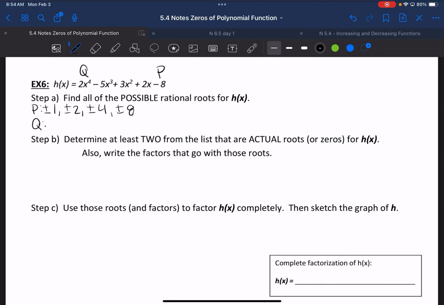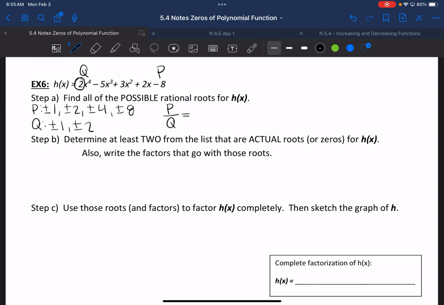So looking at my term Q, it's the coefficient 2. What are the only things that multiply to give us 2? Right. So positive and negative 1, positive and negative 2. All right, and then remember, we write these as P over Q. So we're going to list out our combinations.